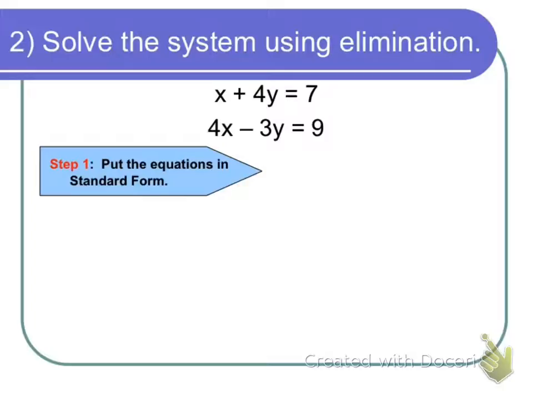What about this one? We'll do one more example and then we should be ready to work. So we look at the multiples. They're already in standard form. The least common multiple for the x term would be 4, and the least common multiple for the y term would be 12.